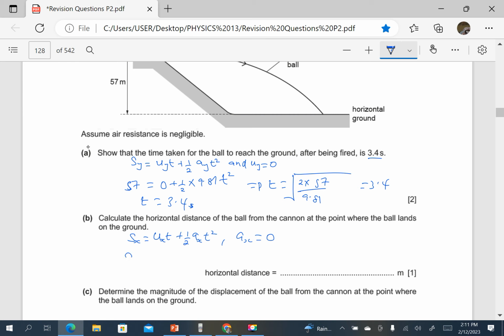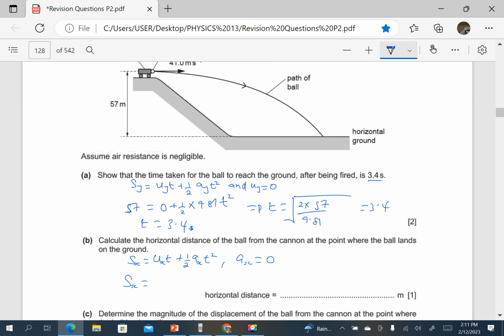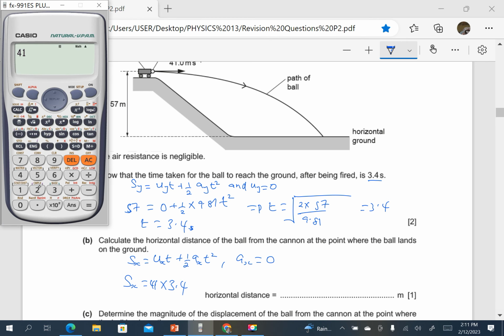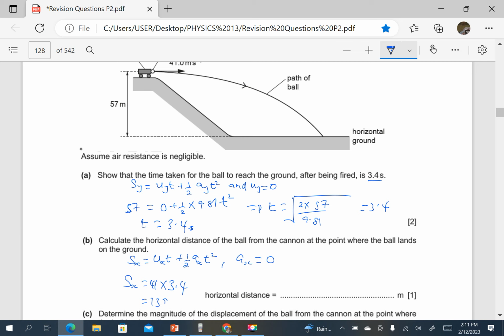So S in the horizontal is equal to the velocity in the horizontal, which remains constant, so that will be 41. The time is the same because time is a scalar, so that's 3.4. So I just say 41 times 3.4, which gives us 139.4, approximately 140.